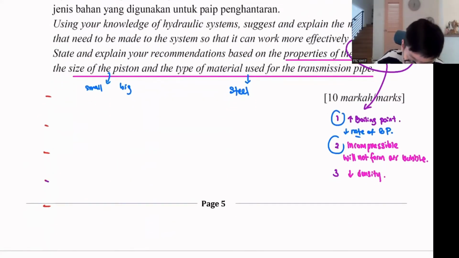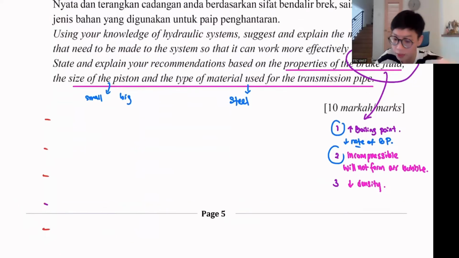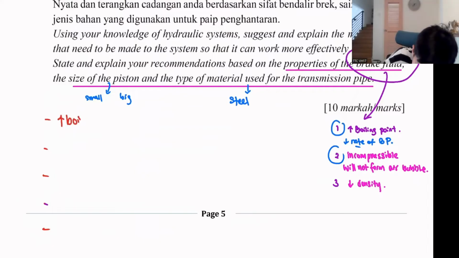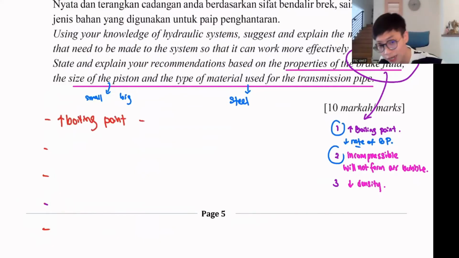Okay, so step one, we will talk about the properties of the brake fluid. So number one, we will say that what we want here is a higher boiling point. Now, in this case, what is the advantage of a higher boiling point?